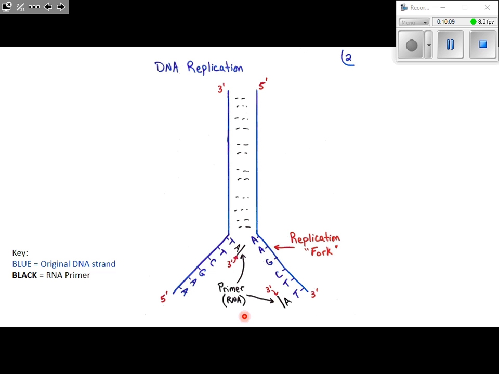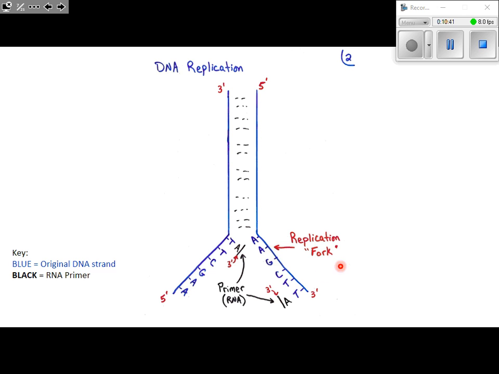And just like DNA, each little piece of RNA has a 5' end, which this would be a 5' end right here, and a 3' end, which I labeled. So here's the 3' end, here's the 5' end. Even this little piece of RNA has a 5' end and a 3' end, just like the DNA has a 3' and a 5'.